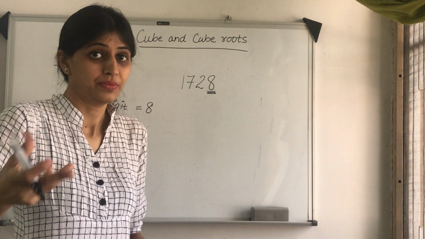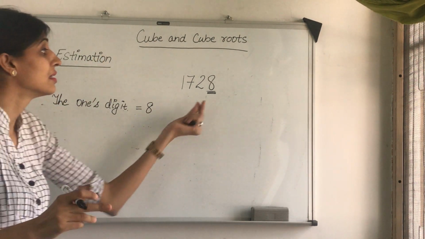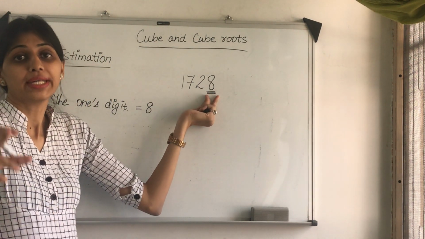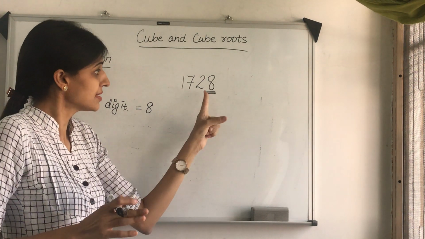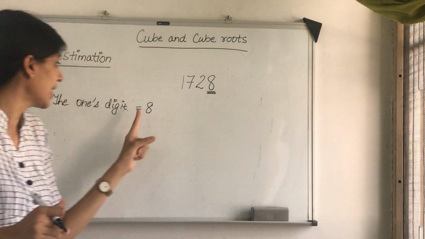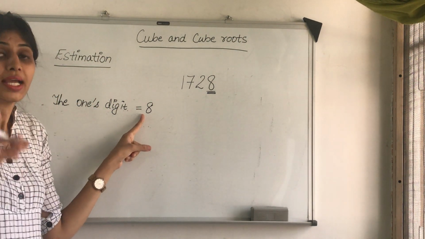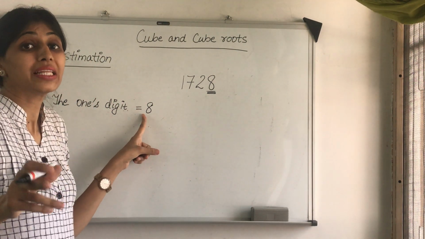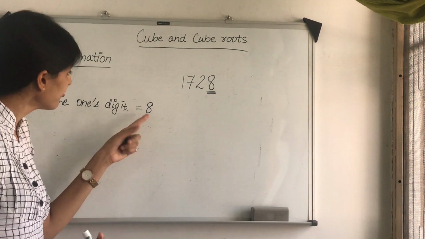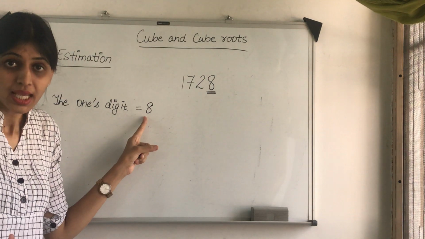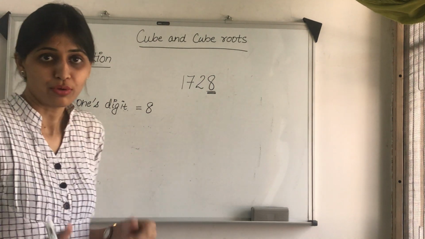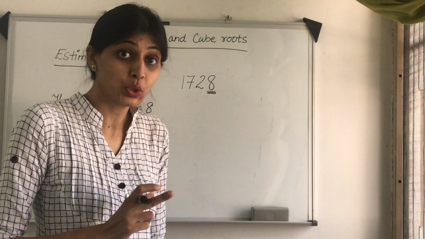Now if we do the cube of the ones digit, what will be the ones digit of the cube? Understand it again. First you need to take out the ones digit of the given number. Ones digit is 8. Write it here. Now what will be the ones digit if I do the cube of 8? 8 8s are 64. 64 8s are 512.